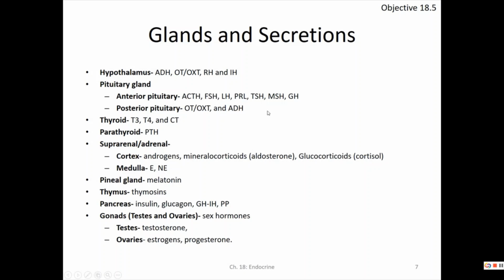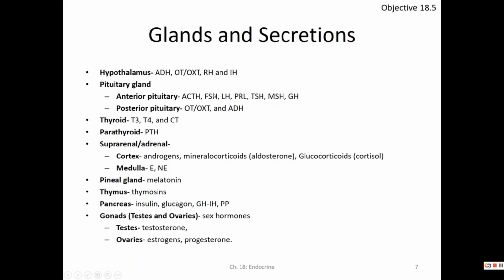Now, some people will say one of the ways to learn the anterior pituitary hormones is M flat pig. What's M flat pig?